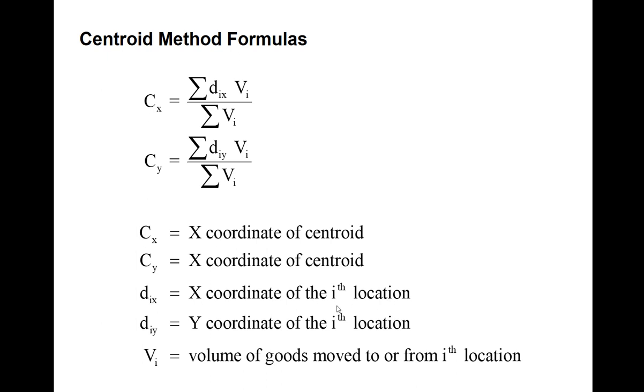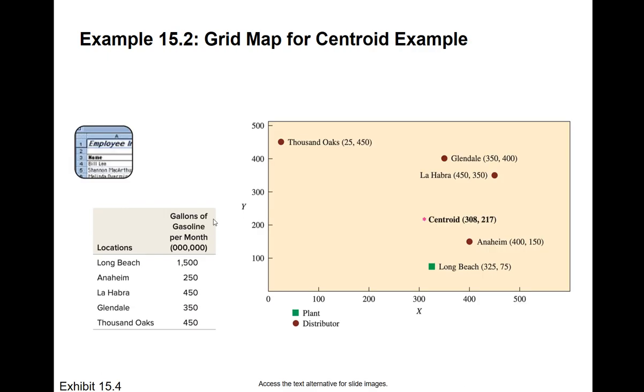The i stands for the location, and the small d_iy stands for the y coordinate of the i location. So these are the different values for the locations. For example, this is 1,000 acres, this is its x value, and 450 is the y value.